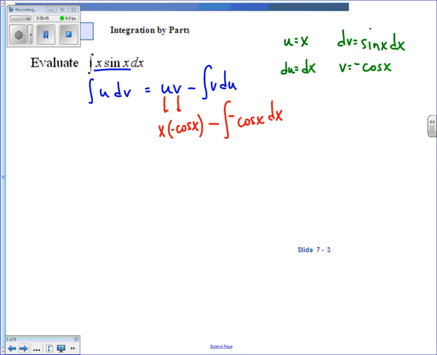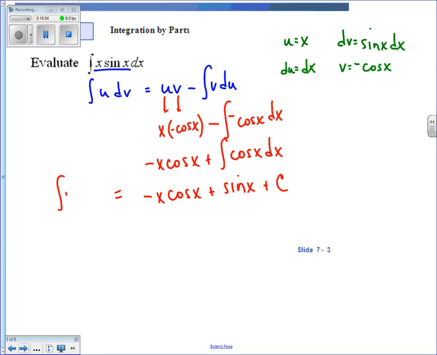So now I've got negative x cosine of x plus the integral of cosine of x. And the integral of cosine of x is just sine of x. So I've got minus x cosine of x plus sine of x. And now we'll put our plus c, and this came out to be the integral of x sine of x.